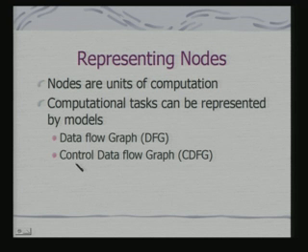And there can be models for representing computations that are to be carried out at the nodes. The two basic models which are used, one is the data flow graph model, another is the control data flow graph model. In fact, these models are also used by compilers for the purpose of optimization of the code.